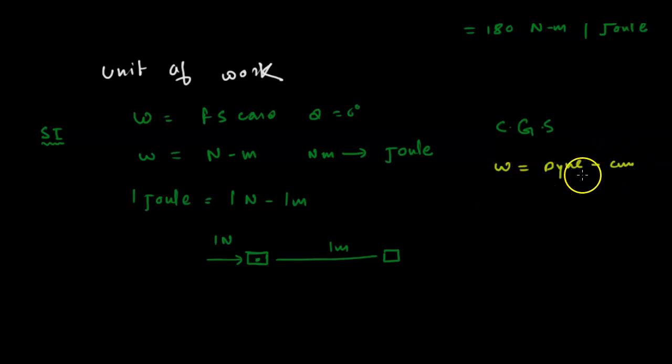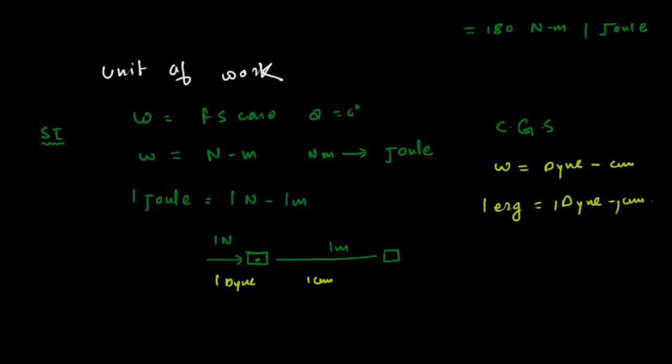So instead of saying dyne centimeter, we can say erg. 1 erg is 1 dyne centimeter. Hope you understood this. So how can we define 1 erg? We can say when 1 dyne of force is applied on a body producing a displacement of 1 centimeter, we can say the work done is 1 erg.